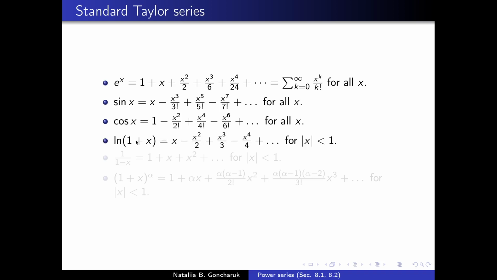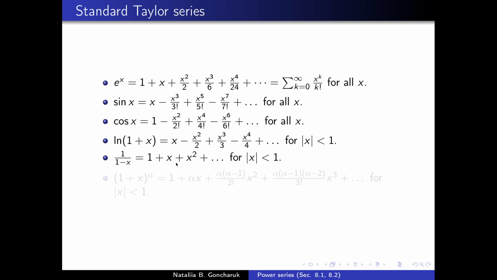One more thing is the Taylor series for the logarithm. You don't have factorials here, you just have 2, 3, 4 and so on. This is the logarithm of 1 plus x. This is on purpose. I cannot write x here because when x is 0, the logarithm of x is not defined. So I write 1 plus x here.